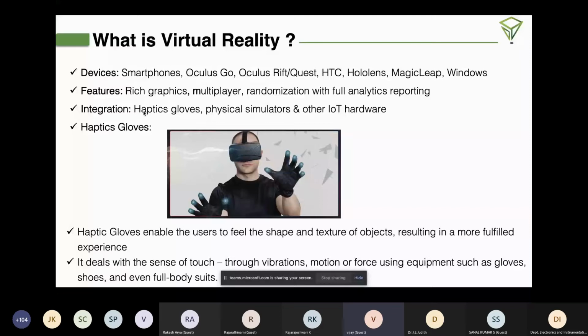And you can also use other IoT hardware and physical simulators along with VR, along with the headsets, to make the training, make the simulation as close to the real world. And that's the sign of nirvana. That means you don't anymore need to train yourself on the real world. You don't need to have done hundreds of surgery to call yourself an expert in the surgery.